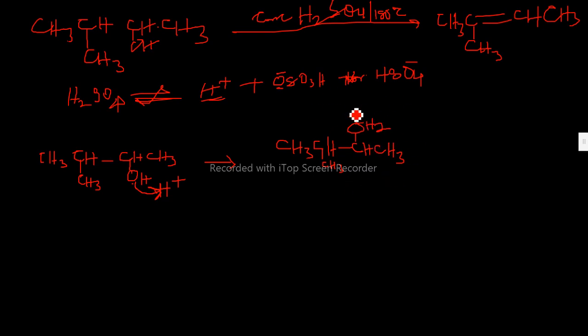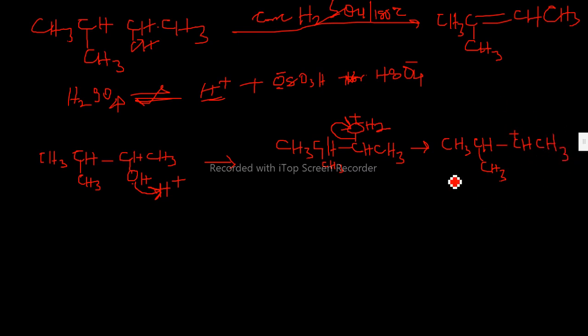Now this compound has a good leaving group that will easily be lost, and you form a secondary carbocation. This is our overall compound: CH3, CH, CH3, and then this is CH with a positive charge because it has lost a group, and then CH3.